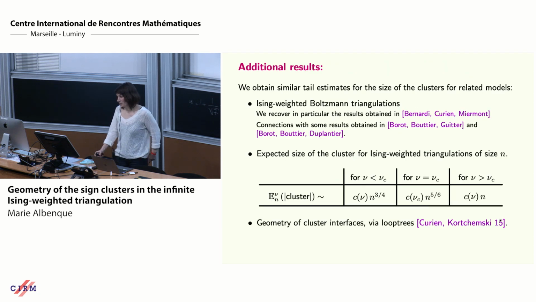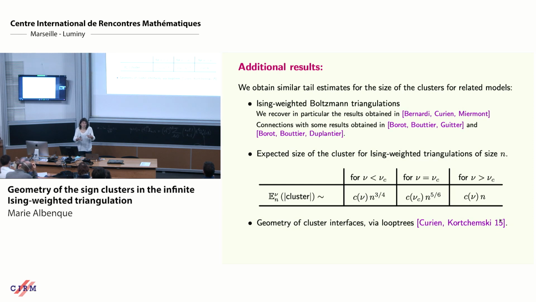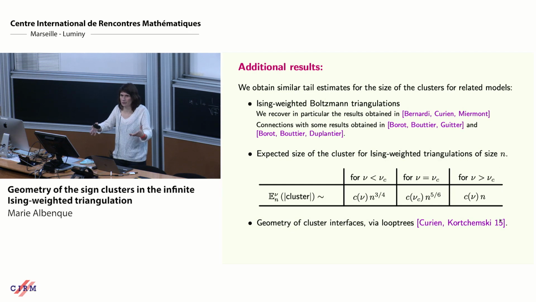And we obtain, by the same type of method, similar estimates for the size of the clusters. I told you a little more about the infinite setting because I think it's where the results are crisper. You have an infinite cluster or you don't have an infinite cluster, but we have really similar tail estimates when you consider slightly different models. For example, you consider triangulations of fixed size, or Boltzmann triangulations, that is maps which are of random but finite size.